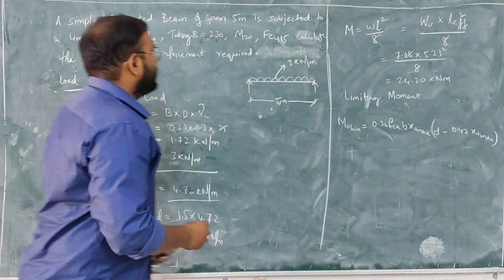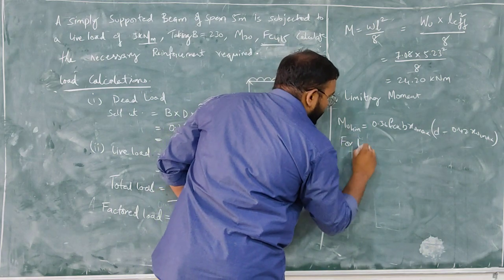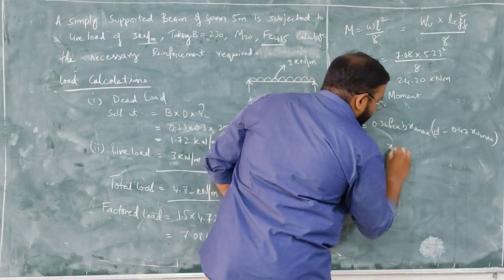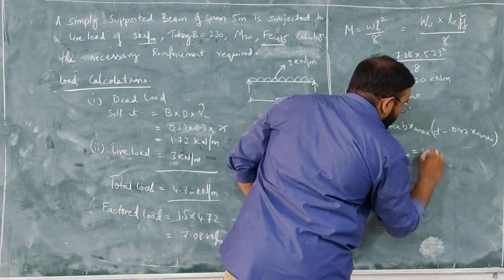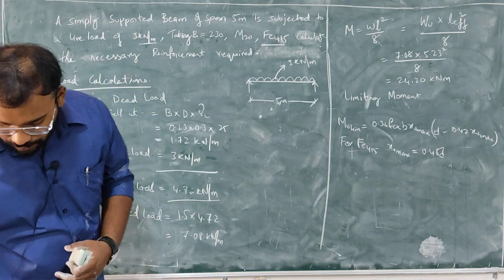Now, for the given grade of reinforcement, Fe 415, xu max is equal to 0.48 times d.